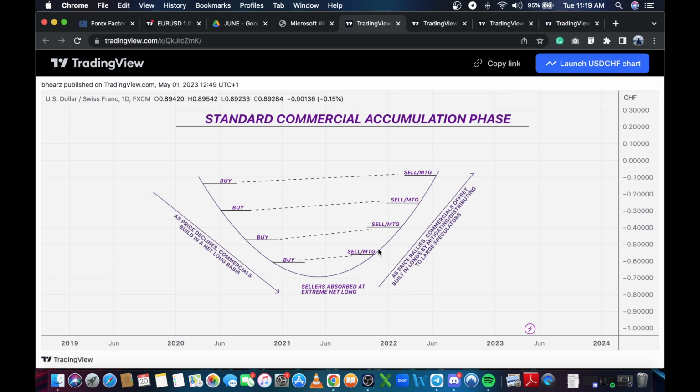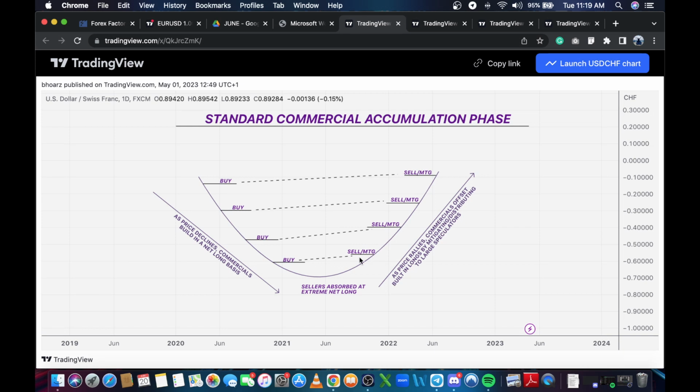That process allows them to facilitate order flow through the funds or large speculators who are coming into price looking to chase higher prices. This is your classic standard accumulation phase.